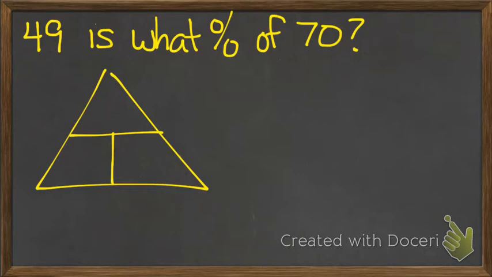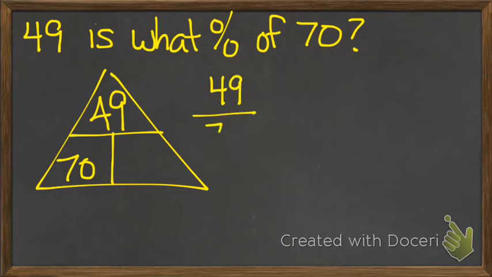And you know how this whole thing goes. We use the word of first, that goes on the bottom. 49 obviously goes on top. So right now, it looks to me as if it's a fraction, 49 over 70. All right, we can't use Sean's shortcut yet.